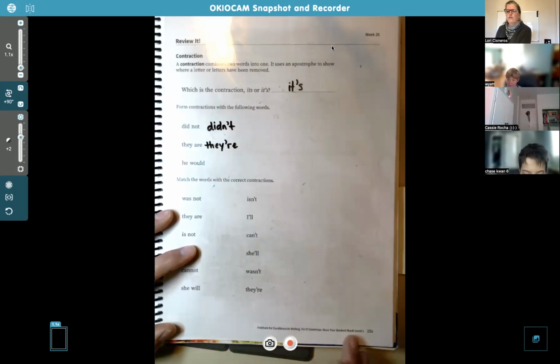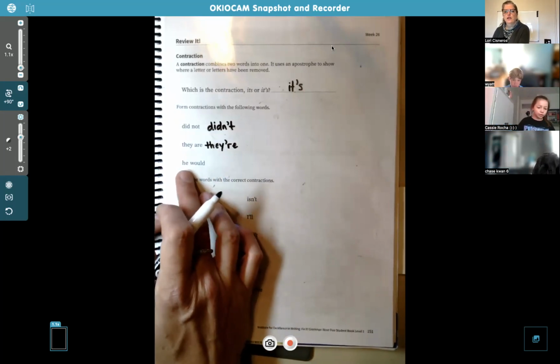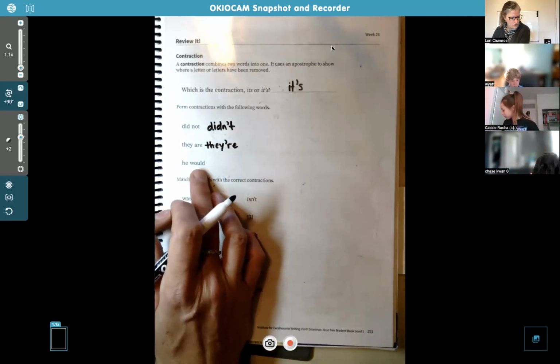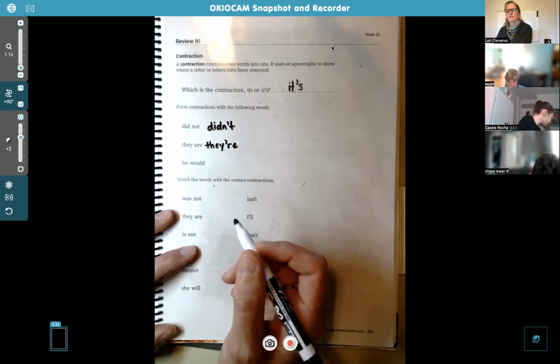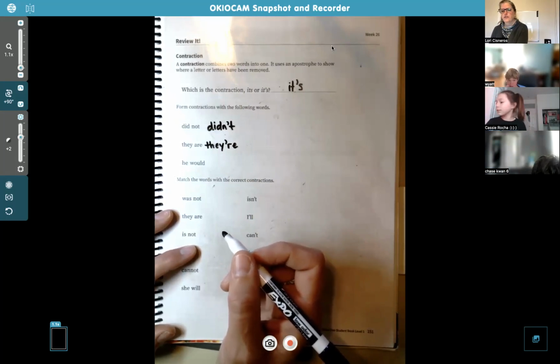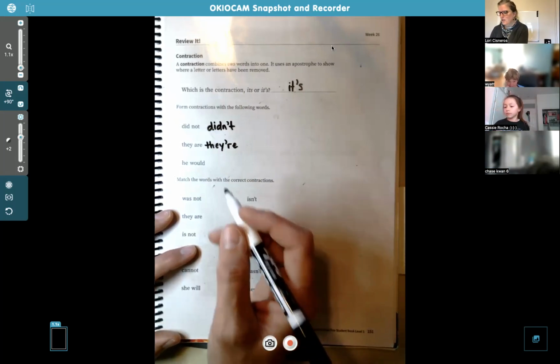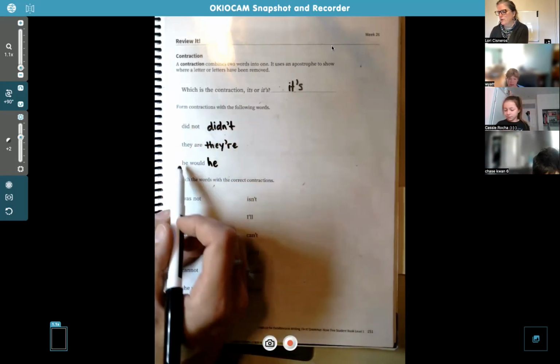We're on page 151, okay? Talking about contractions. All right, so back to Wyatt. He would. Do you know what contraction that makes together? He would. That one's a little tricky. Okay, so he stays the same, right? The first word is always going to be there.